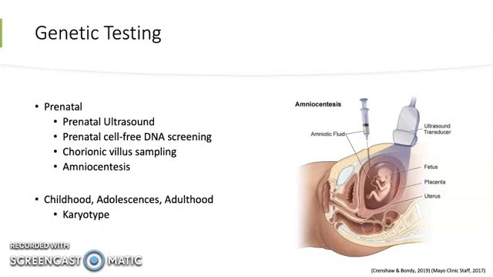Because this is a congenital defect, it happens while the fetus is being developed. There are different genetic tests that can be completed prenatally to determine if the child will have Turner syndrome. I'm just going to go over a few of those tests on this slide.